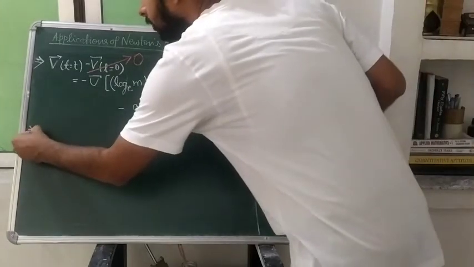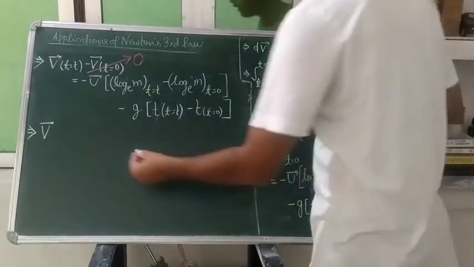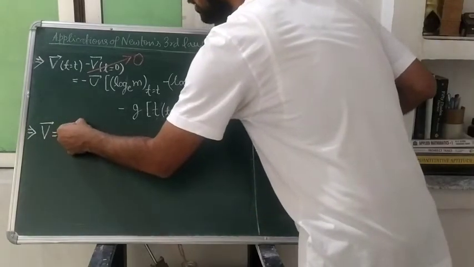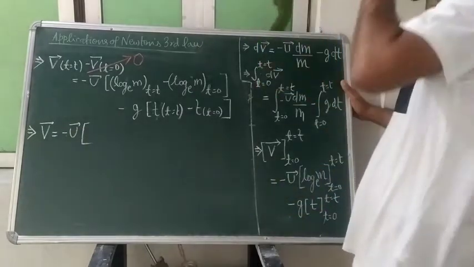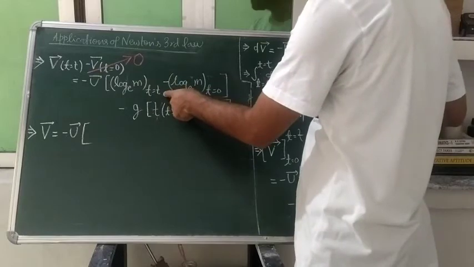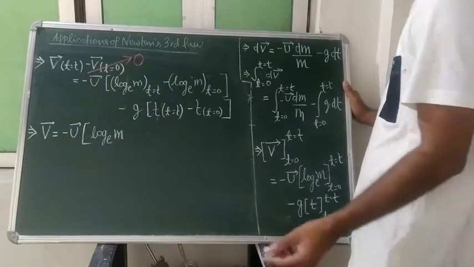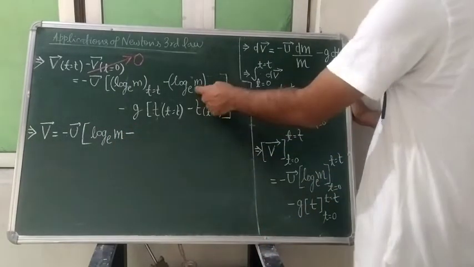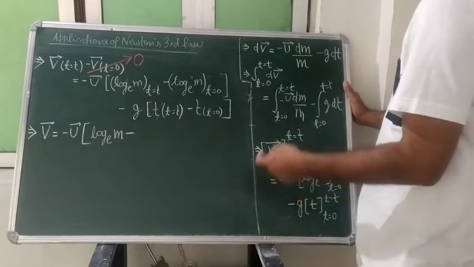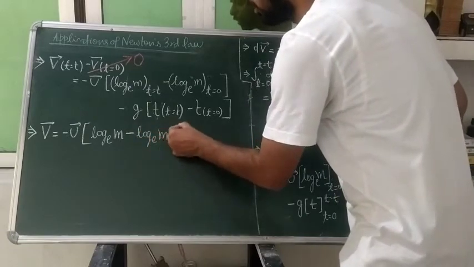Here we will get that the velocity of that rocket at particular instant t will be equal to capital V, we have assumed, and minus u, that is the exhaust velocity of those gases, times the mass of the rocket at particular instant of time t, which we had assumed as m only, minus the mass of the rocket at time t equals 0, the initial mass of that rocket, which we had assumed as m naught.